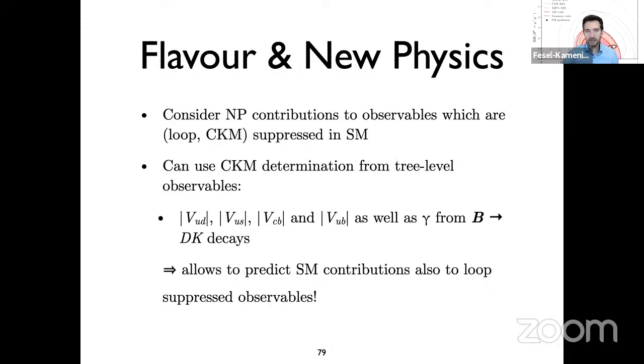With this, one can compare predictions of all the other observables to measurements and consequently extract bounds on possible additional contributions from some yet unknown new physics. In particular, what is conventionally done is that one uses these tree-level determinations of VUD, VUS, VCB, VUB, as well as the angle gamma from B to D K decays, as we discussed yesterday. This allows us to predict standard model contributions, for example, to loop suppressed observables like neutral meson oscillation observables.